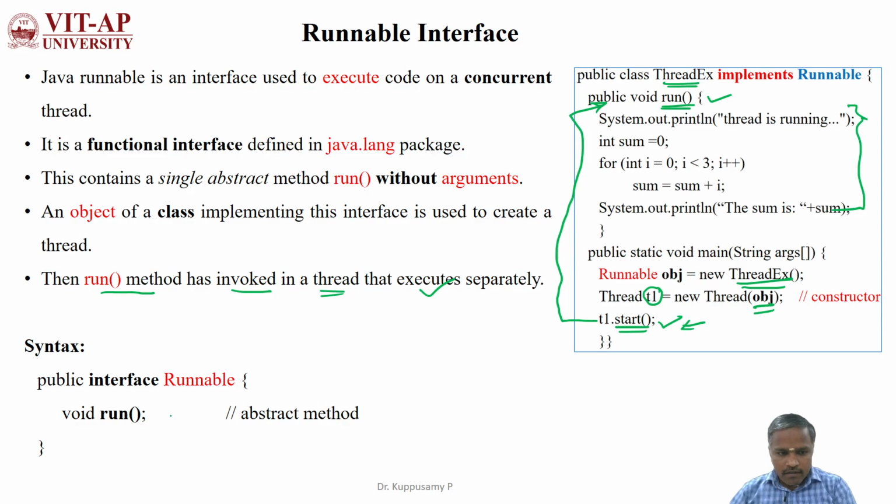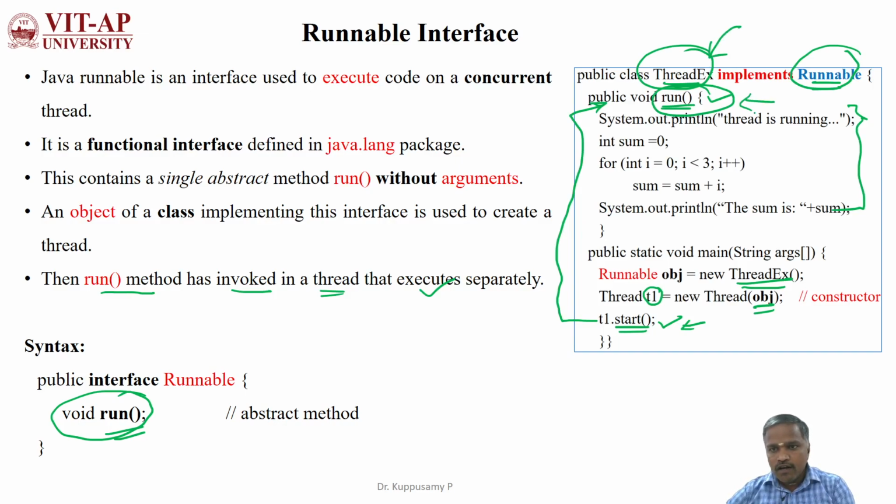So here this run method is the user defined run method available inside ThreadEx, which is implementing the Runnable interface. Here Runnable also has a method run. So automatically the Java virtual machine is overriding this run method by the class ThreadEx, which has its own run method, because Runnable is acting as a parent here.